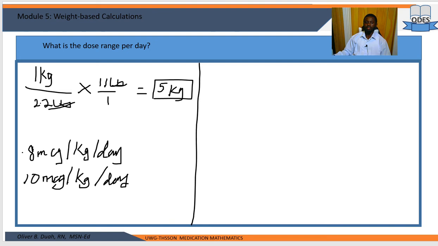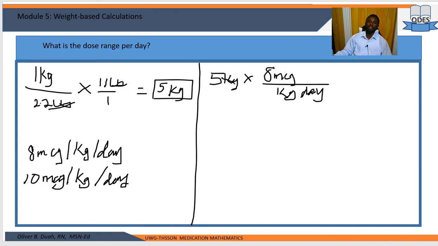So what we are going to do is take this weight that we have in kilograms and multiply it by the lower limit of the safe dose range and the upper limit of the safe dose range. So we have the lower safe dose range, which will be equal to 5 kilograms times 8 micrograms over kilogram over day, because it says per kilogram per day.